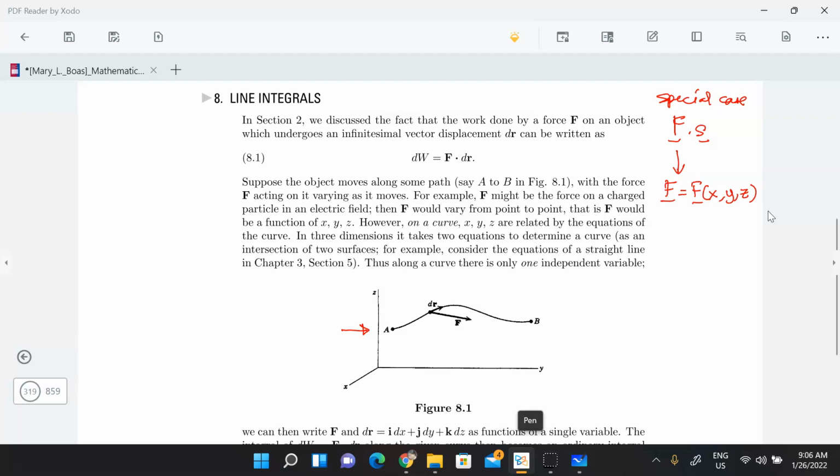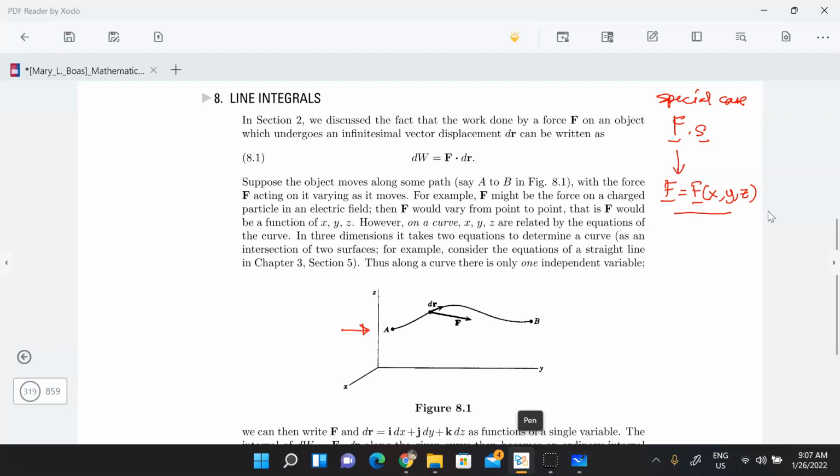A particle, for example, is going to move from the point A to B under the influence of this particular force. The force varies over each point of this curve, according to this function. Okay, so we would like to do this particular integral.